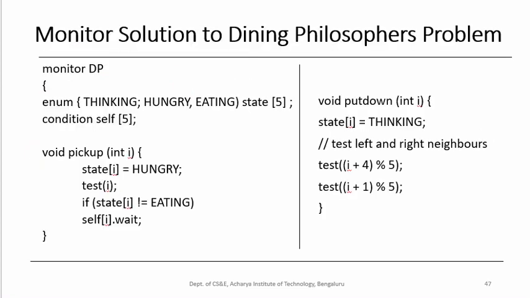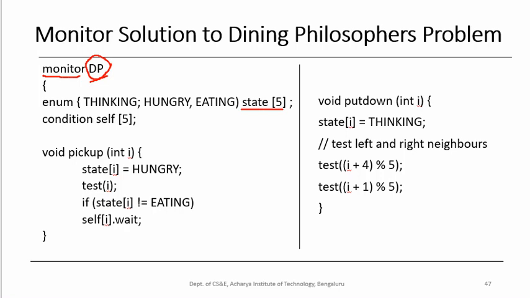Let me first define the monitor. Monitor is a reserved word, I cannot change it. I have used DP as the name for this monitor. Inside the monitor, there is an enumerated array, state of 5.